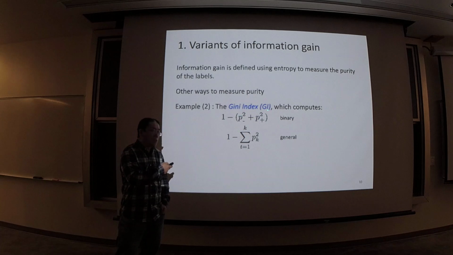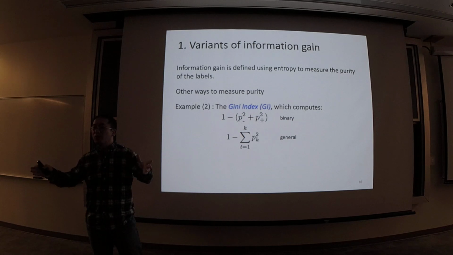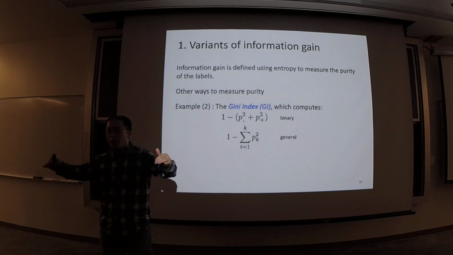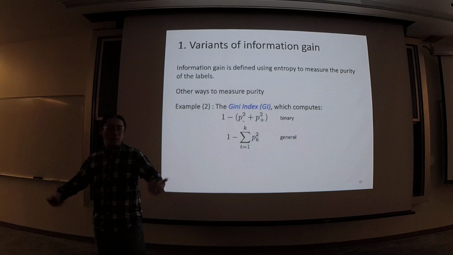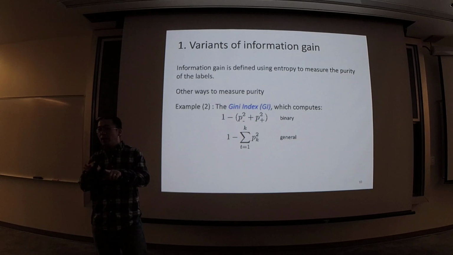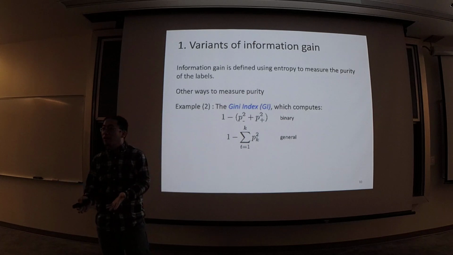Some labels being much larger than the others means that your data set is pure. On the contrary, if the distribution of different labels becomes closer and closer, with p plus and p minus approaching half, then your Gini Index is larger and larger because their square sum is smaller.